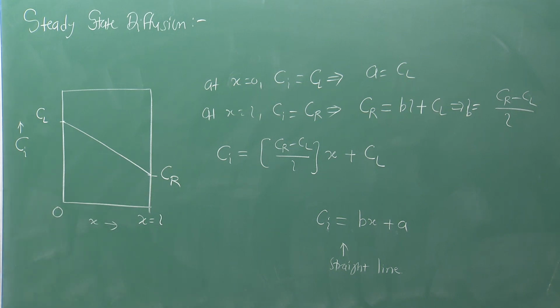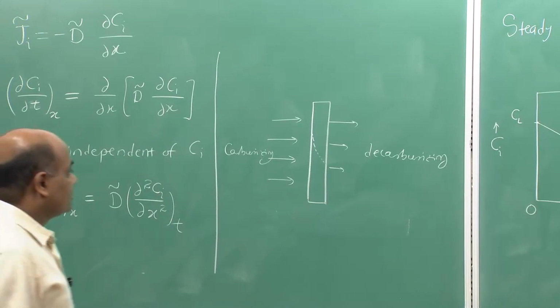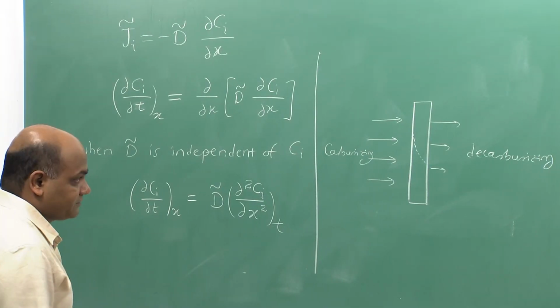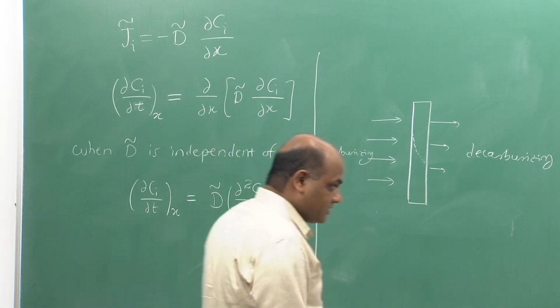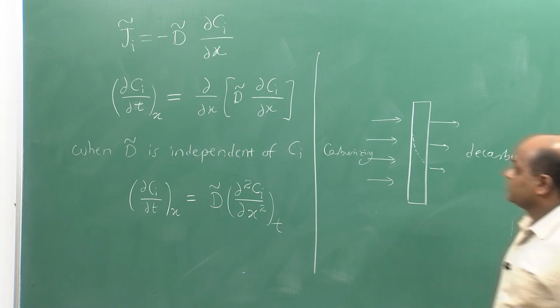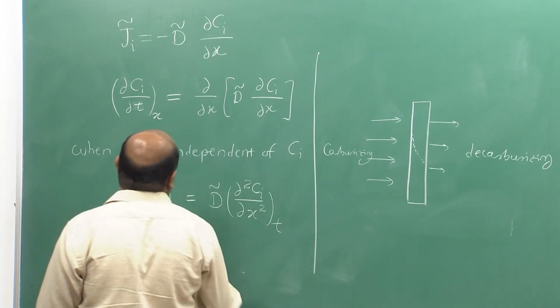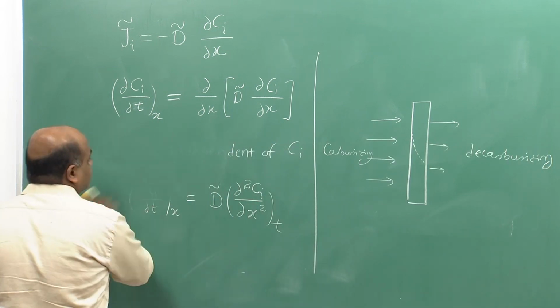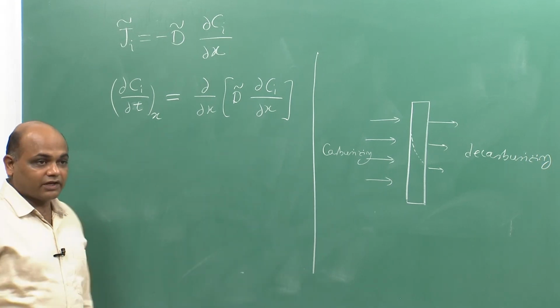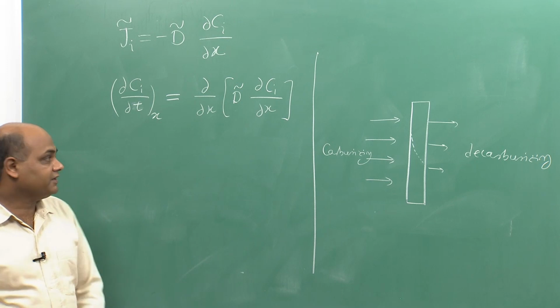Now, what happens if d tilde is not constant, which should be typically the case? If d tilde is not constant, we cannot take simply d tilde out, right.